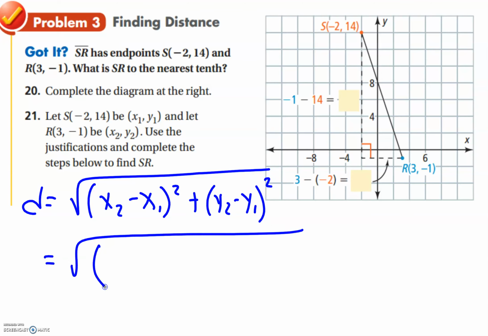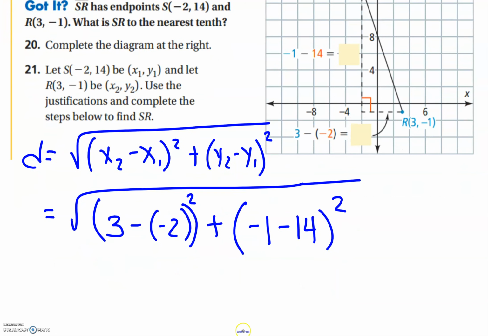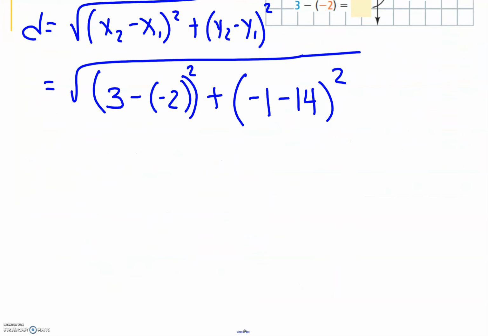It's the square root of my x2, which is 3, minus my x1, which is negative 2. Be careful here. It's minus a negative. It's not just minus 2. Plus y2, which is negative 1, minus my y1, which is 14, squared.